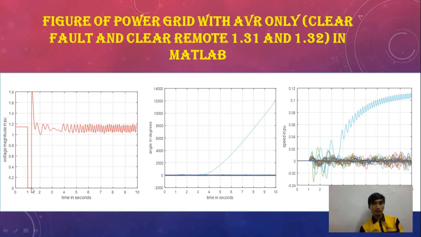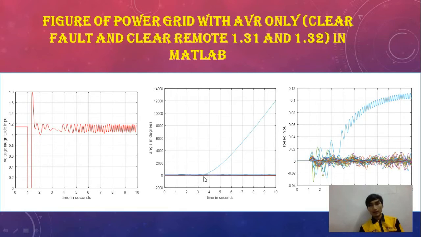After 0.31, the voltage is increased to maintain the voltage. Figure 2 shows the angles in degrees of the generator versus time in seconds.